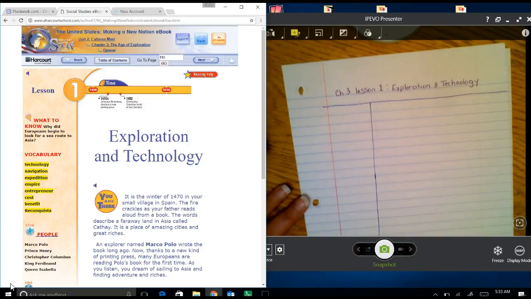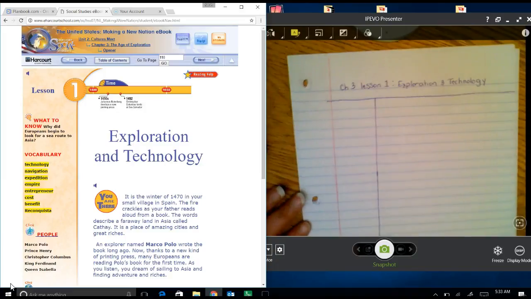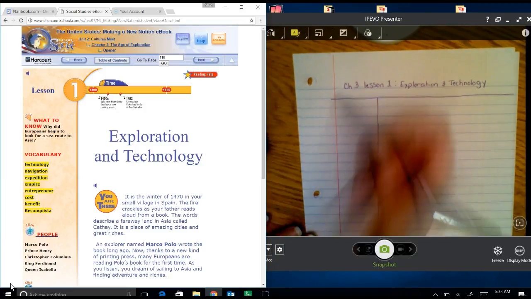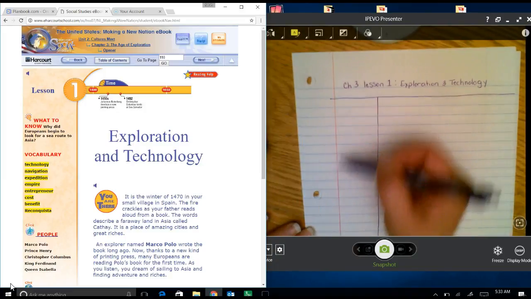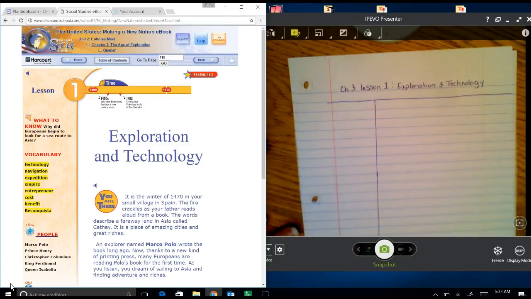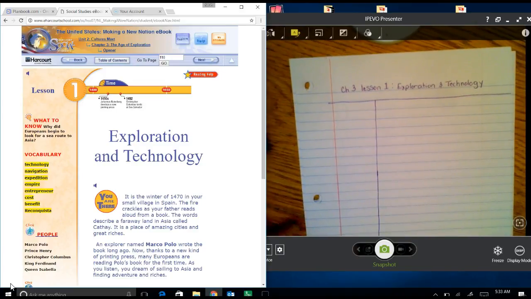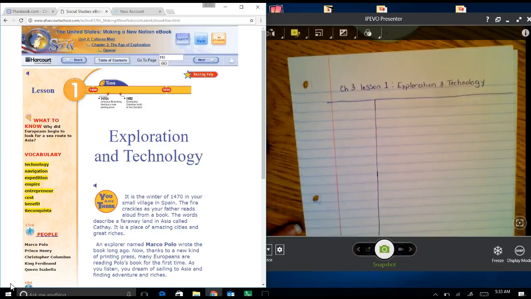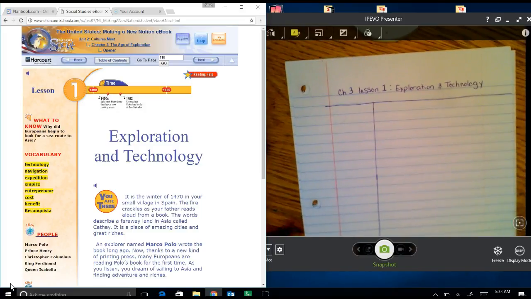Okay, so make sure you get all that down. Now, remember, the left side is going to be for your big ideas, your vocab words, and your questions, okay?